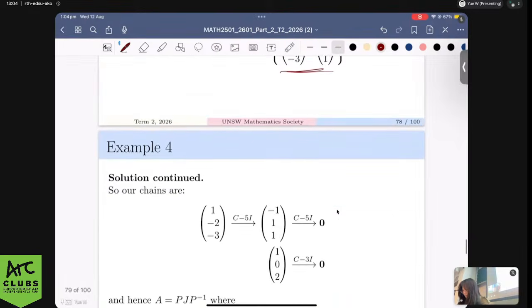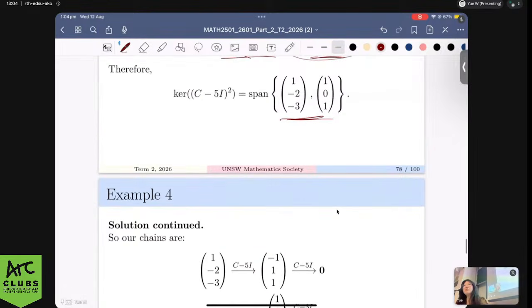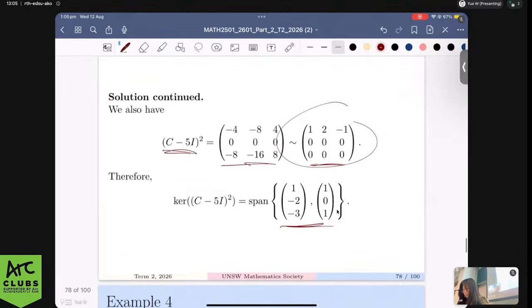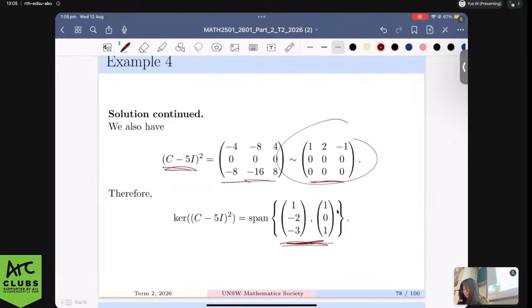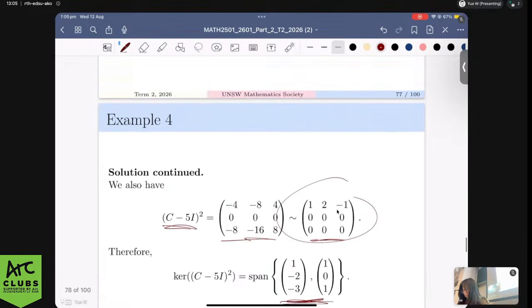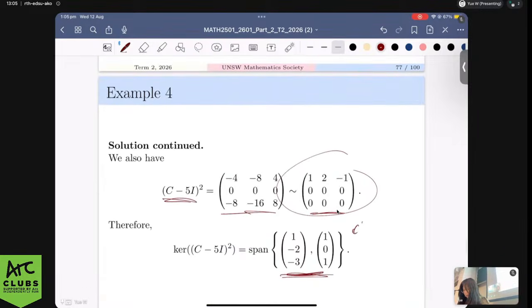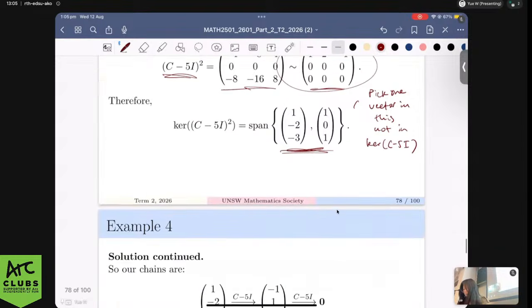And from there you want to do your Jordan chains, right? So what vector do you start with? You want to look at this, and pick one vector in this that is not in the kernel of C minus 5I for it to work.